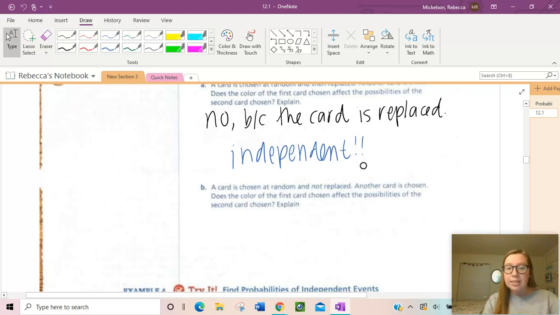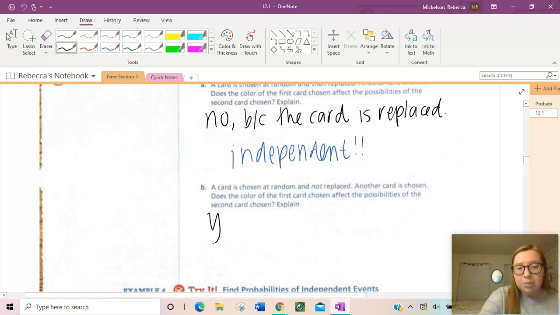So I originally had 10 cards and I draw one. So my second round, there's only 9 cards left. So I've affected my sample space and I've affected the number of black versus red cards that there are. There could potentially only be 4 black cards or 4 red cards this time, and that's going to affect the probability.